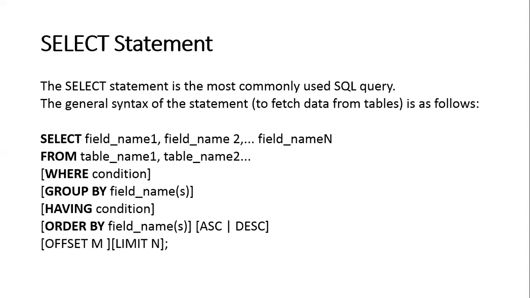So we've been dealing with the select statements. We have already treated most of the clauses here. We've dealt with the select from clause, the where clause, the group by clause, having clause, order by clause.